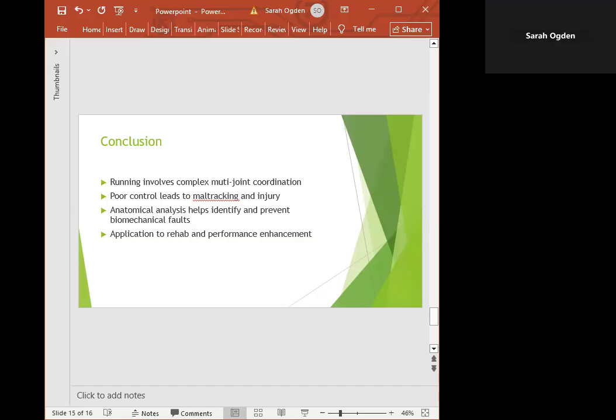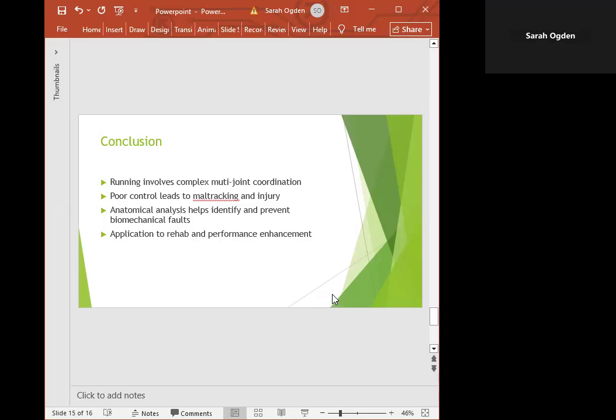So, next time you see someone running, or if you're running yourself, think beyond just the surface level of putting one step in front of the other. Look at how someone moves their body and how that movement reflects their strength, their control, or any dysfunction that they might be displaying.